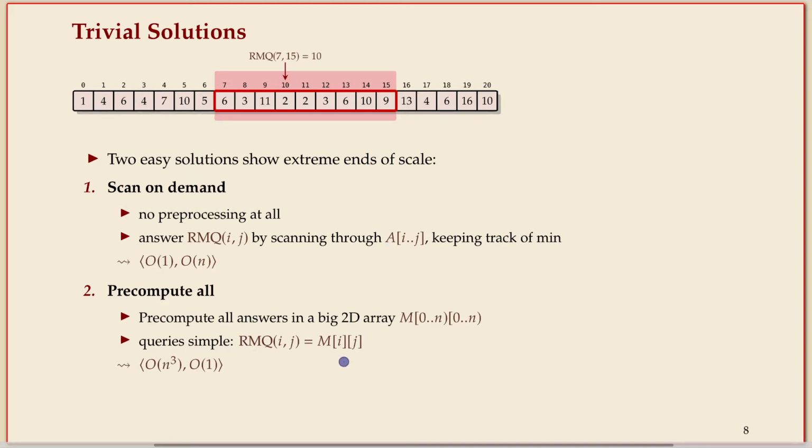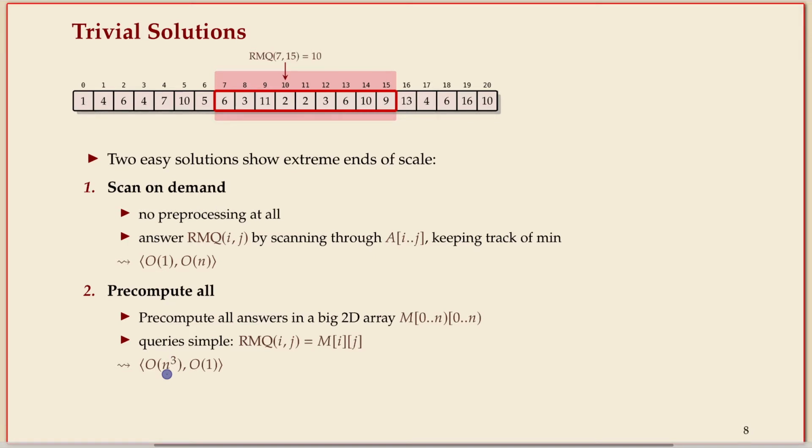I can do this. I can create a big matrix that has, for all combinations of i and j, the answer pre-computed in that array. I can fill this array. The array has size roughly n squared, but if I'm stupid and I just pre-compute each cell individually, I would get a linear contribution for each cell.